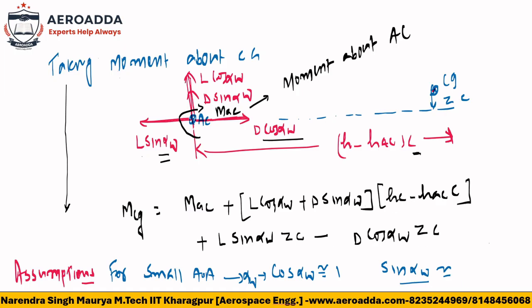Let me correct. If there is a small angle of attack, sin alpha w is almost tan alpha w, and this is approximately alpha w. It doesn't matter exactly, it is not 0, it is approaching 0, correct? If angle of attack is exactly 0, then everywhere alpha will be 0, and in the final result alpha consideration will not be there.